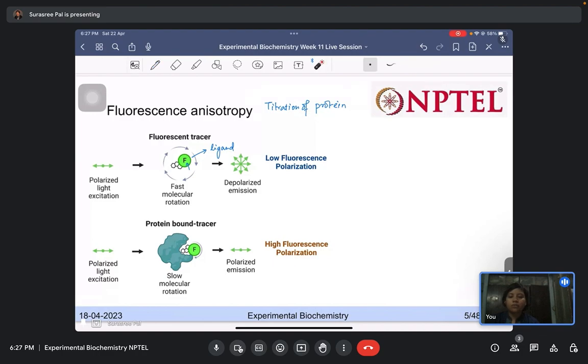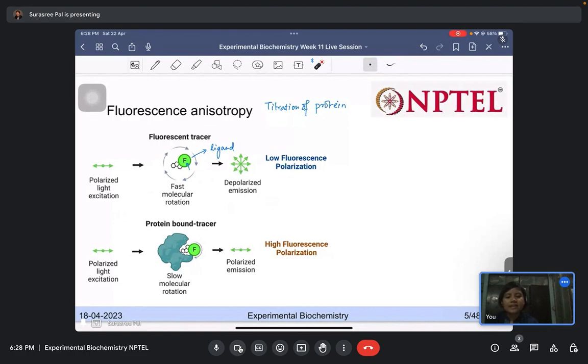Therefore, when we pass this polarized light through it, the ligand will be excited, but when it emits light, it will emit a depolarized emission. Why? Because of this rotational diffusion of the ligand molecules. They will rotate in different directions, and the light that is emitted from them will be a depolarized emission.